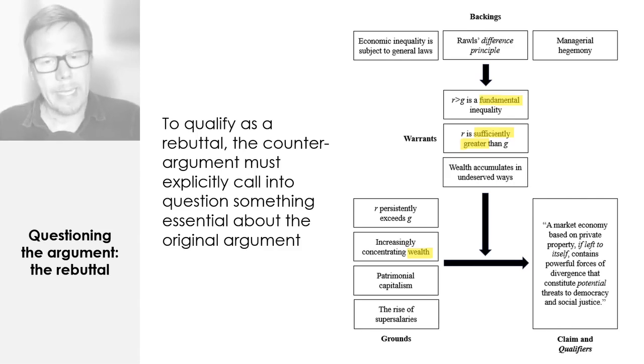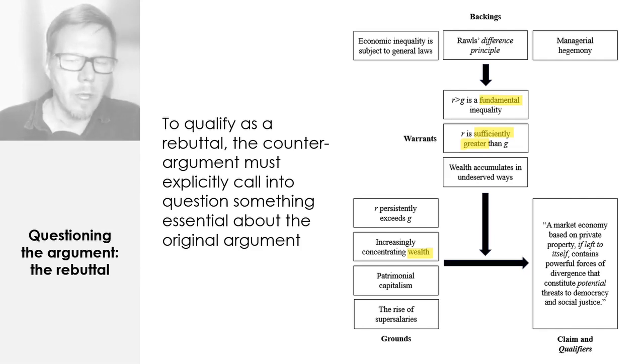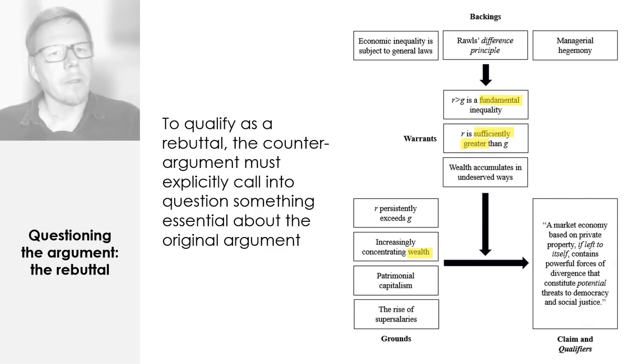And I concur, they can be, but they can also be aimed at any other element. They can be aimed at the warrants or the grounds or the backings. This is all something that needs to be determined on a case-by-case basis. So this is how we make rebuttals more transparent, which may ultimately make the original argument more transparent as well.